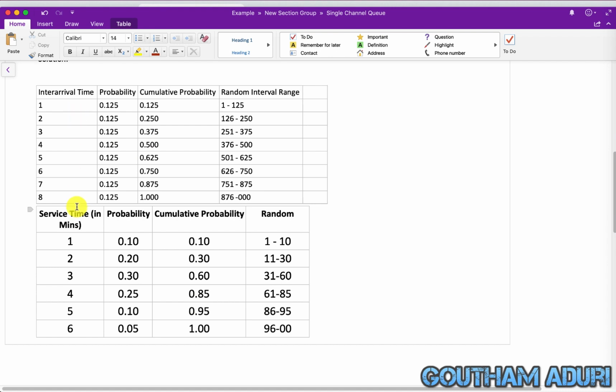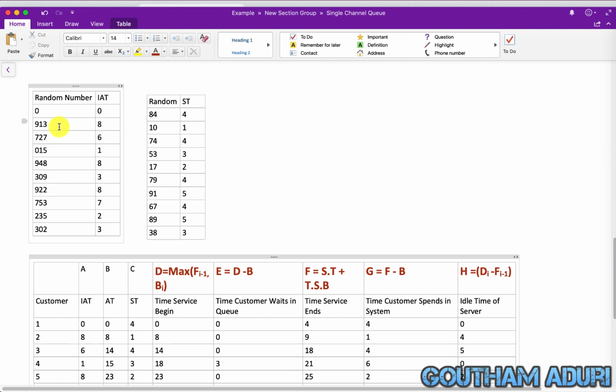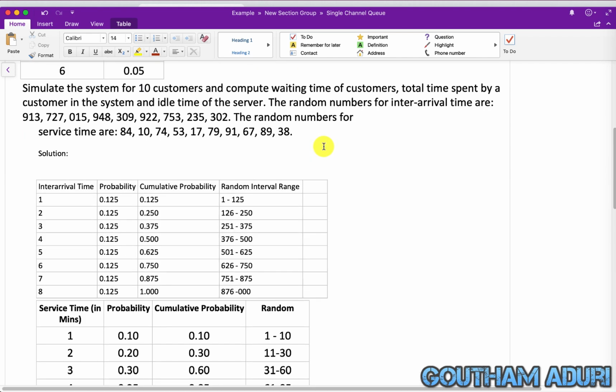So you have 8 interarrival times, 1 to 8 minutes, and you divide the probability into 8 equal occurrences, and make sure that you calculate the cumulative probability and the random interval range. Then from the given random numbers you have to see where each one maps, where it lies in the interval range. So based on the question, just calculate the values.